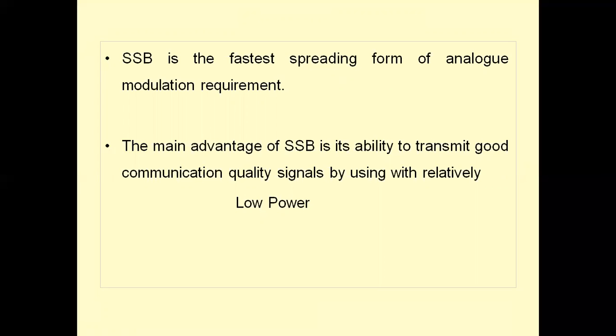The reason is there is no need of transmitting the carrier, so power is saved, and there is no need of transmitting one sideband, so power is saved, and we are transmitting only one sideband. That is why the transmitted power of an SSB signal is equal to only one sideband power. The main advantage is much of the saving of the power.